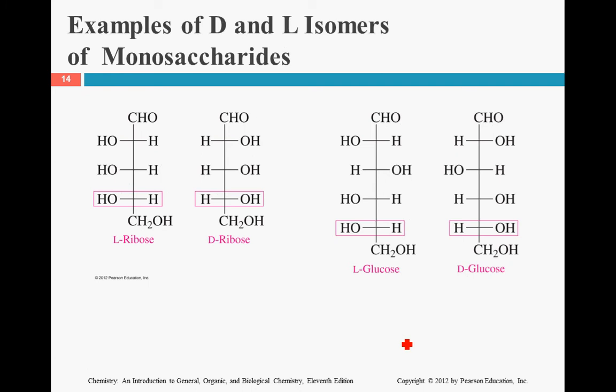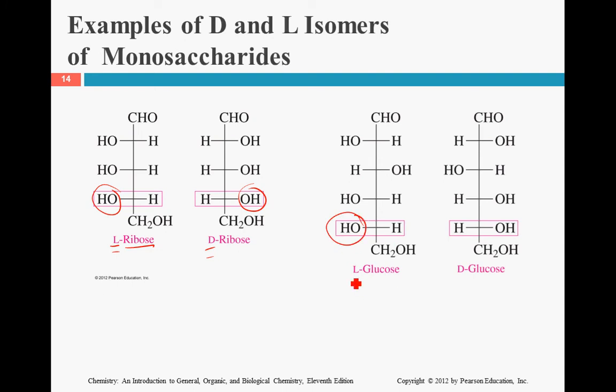When we're looking at these compounds, this is ribose. Because the last OH group is on the left, it's L-ribose. When it's on the right, it's D-ribose. Look at these two enantiomers.